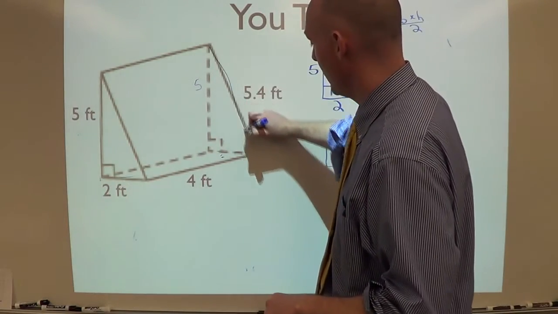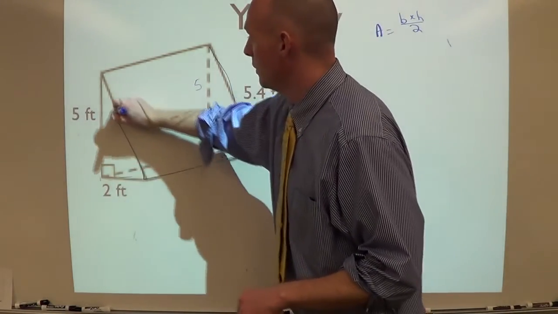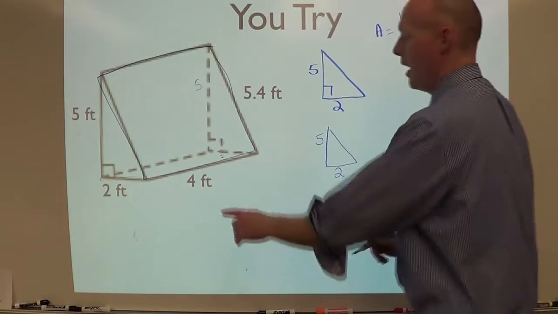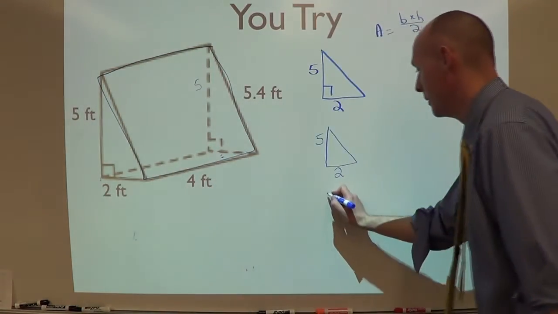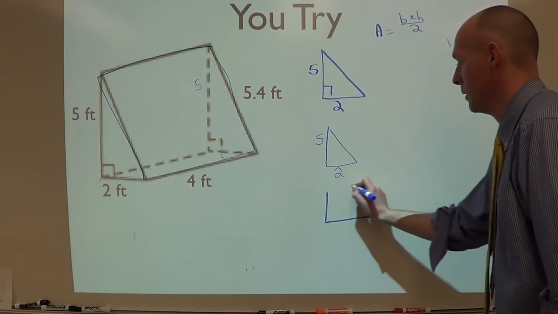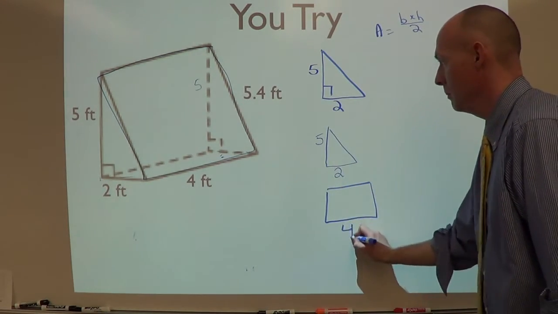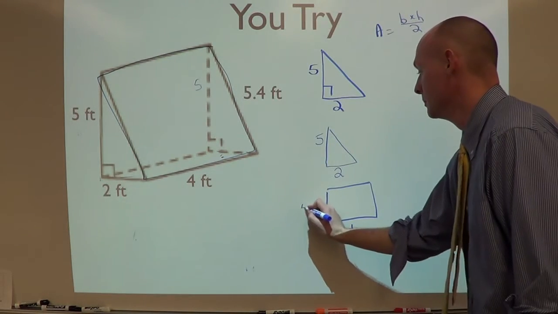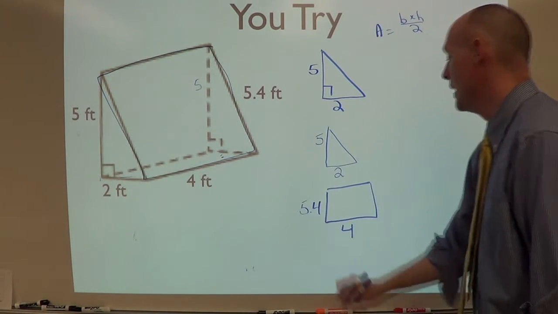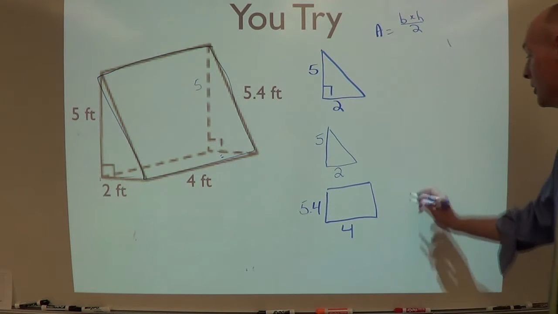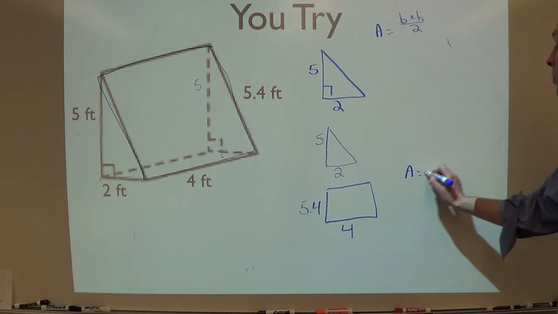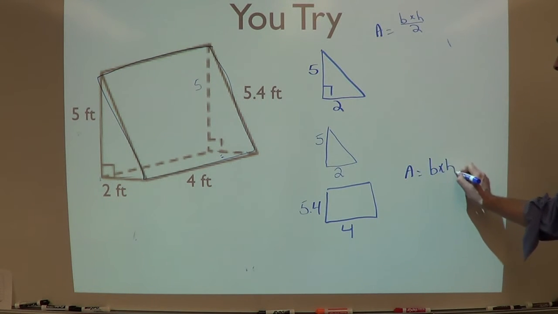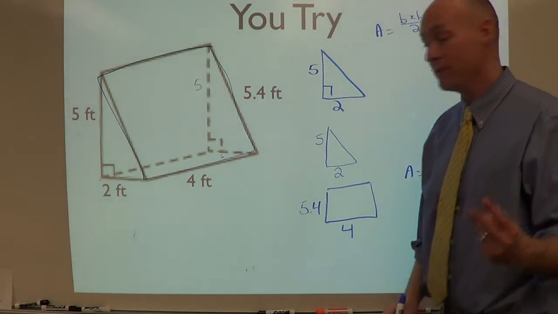Here's my front rectangle. Okay. My base is 4. And my height is 5 4/10. And remember, with rectangles, it's going to be area equals base times height. 2 more rectangles to find.